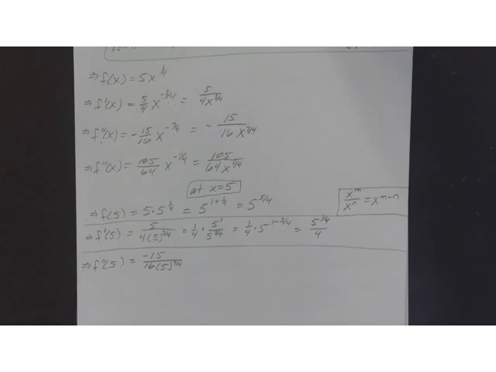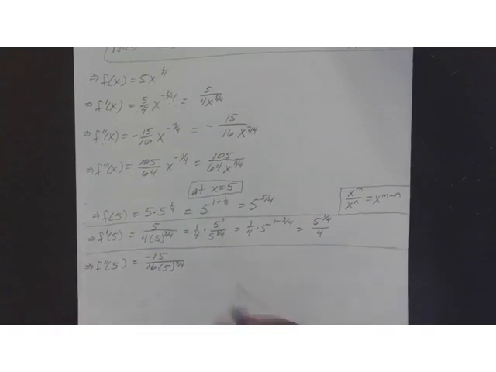And just to simplify this a little bit more, that negative 15, we'll say negative 3 times 5, or 5 to the first power, divided by 16 times 5 to the 7/4 power.